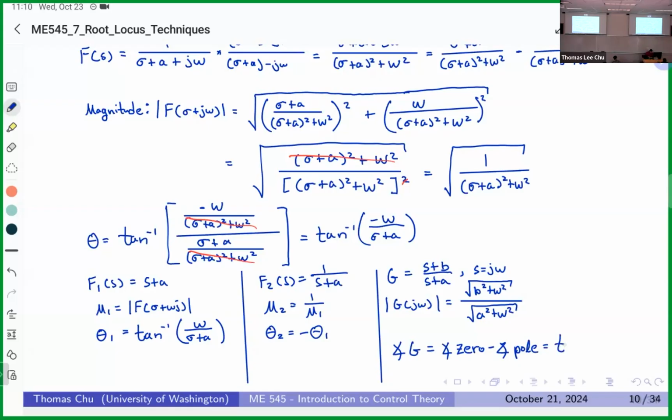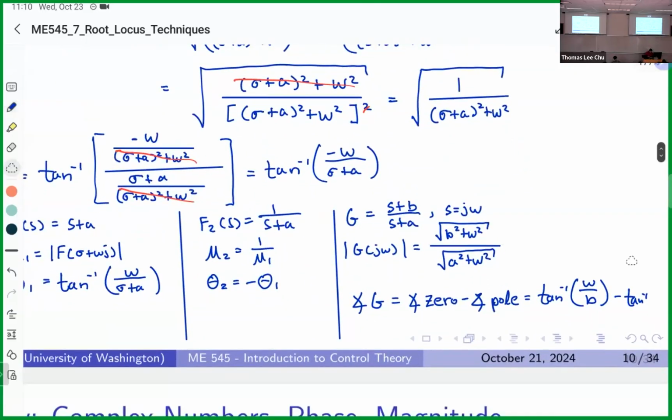minus the angle of the pole, which is going to be equal to the arctan of omega over B minus the arctan of, oh man, I'm running out of space. I'll move this over.